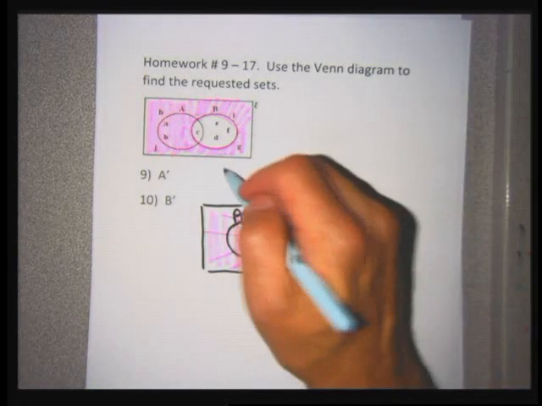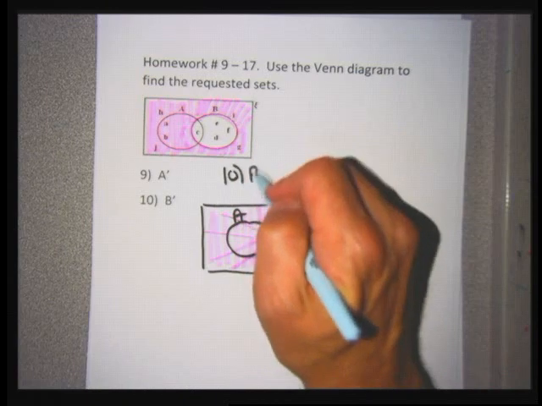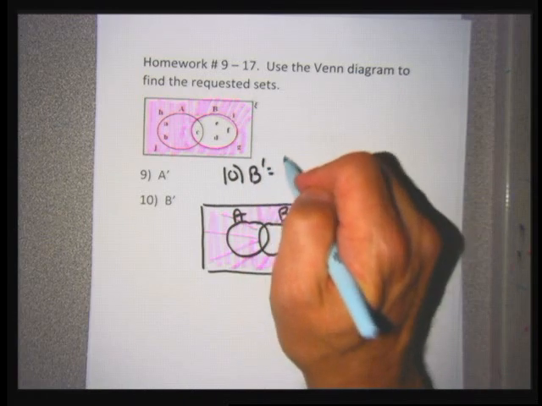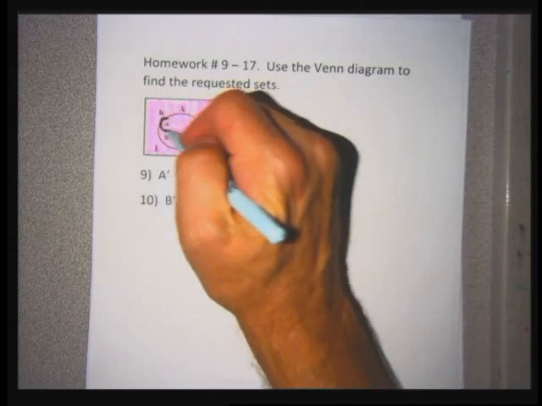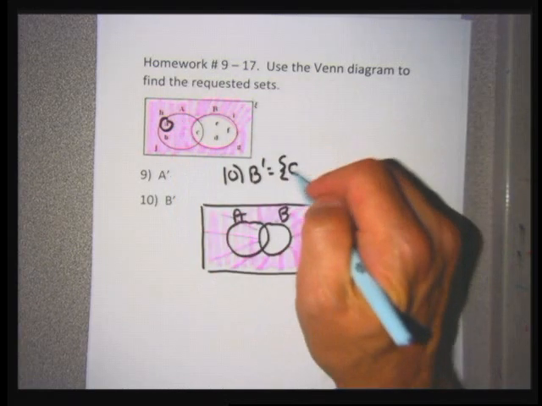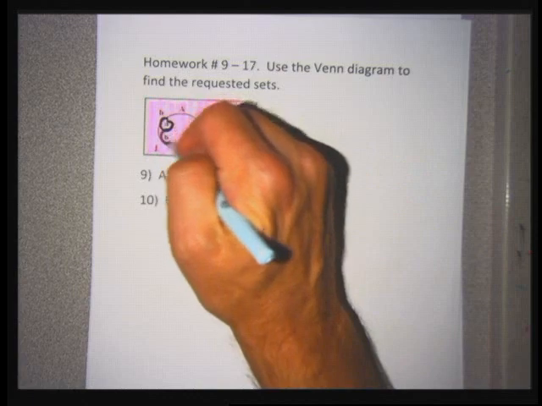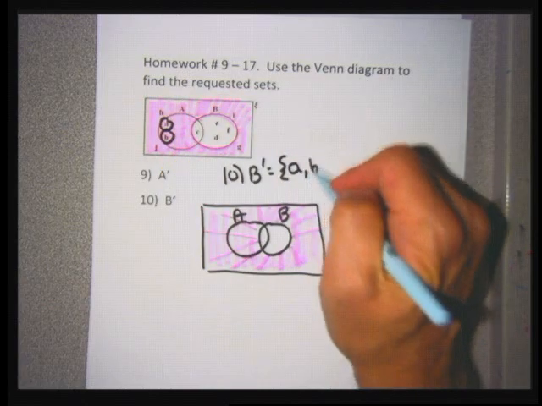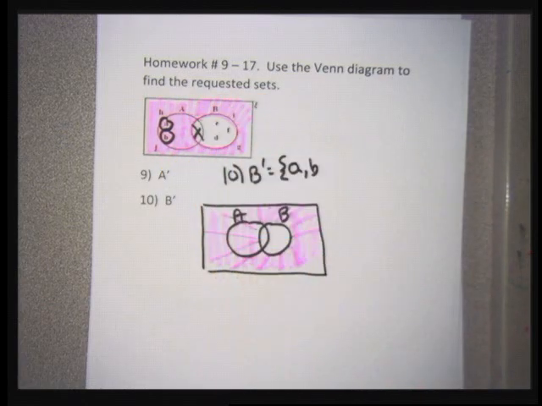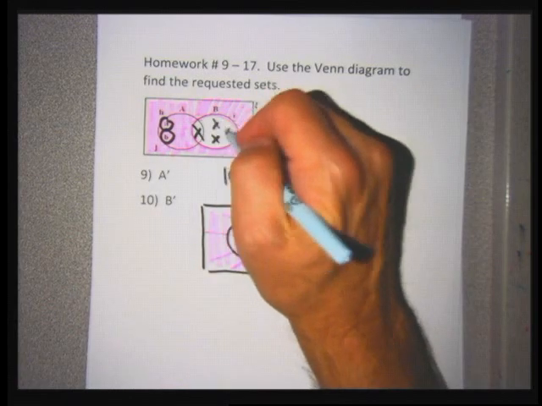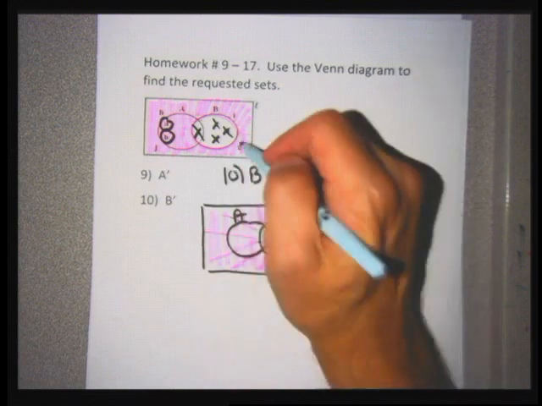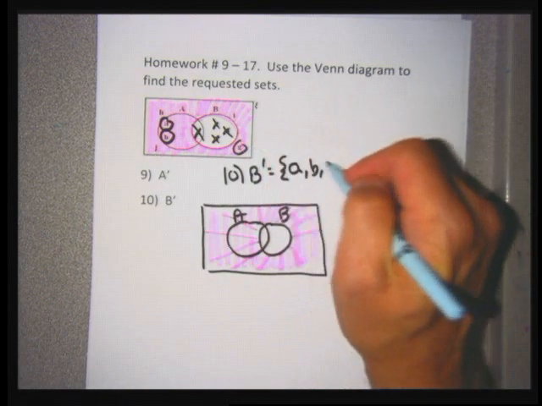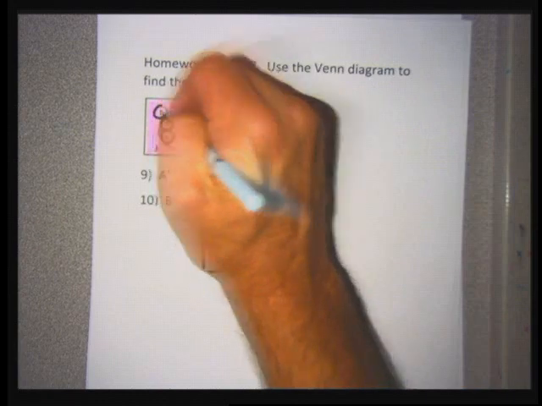So for number 10, I can write B prime equals, and I'm going to go alphabetically. A is part of the shaded region, so I'm going to include it. B is part of the shaded region, I'm going to include it. C I'm not going to include because it's not shaded. D and E and F I'm not going to include. G I'm going to include. H I'm going to include.